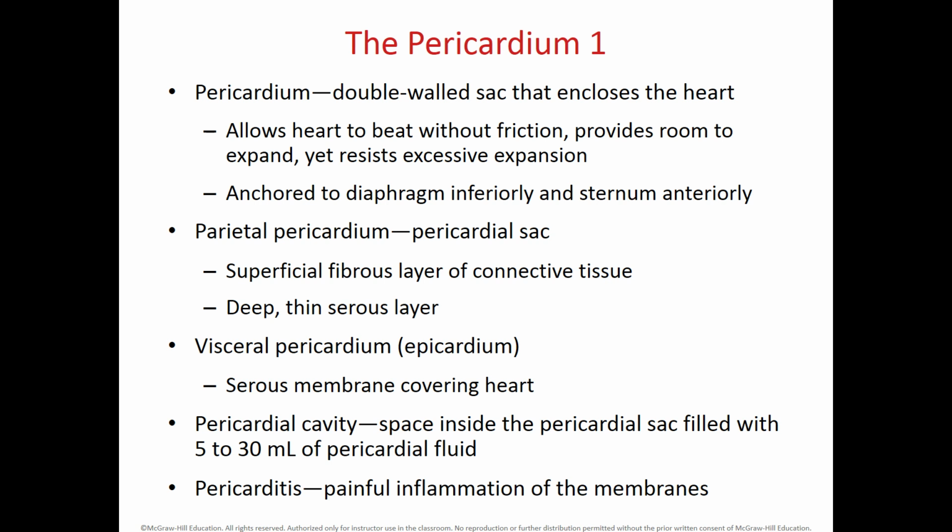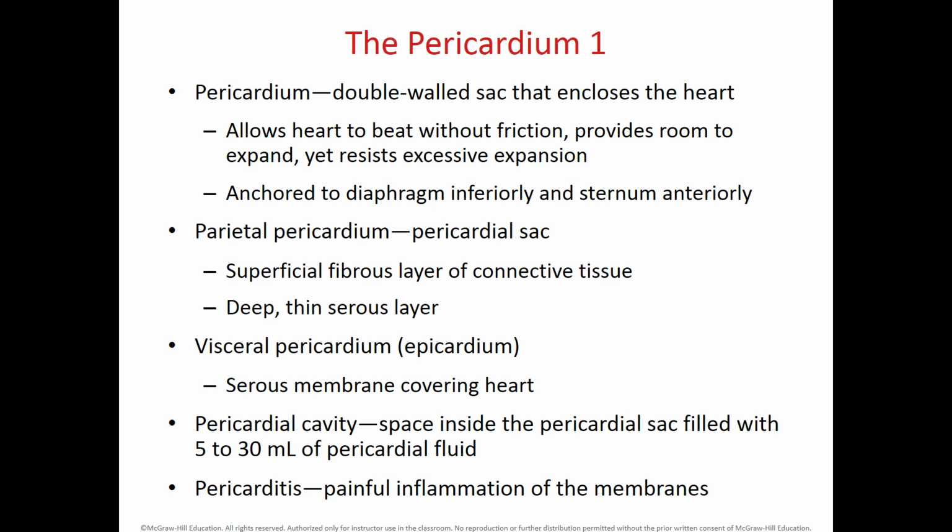It provides some cushioning, because every time the heart is beating, it is in constant contact with the internal wall of the thoracic cavity, and this can damage the heart. But thankfully, thanks to this pericardial fluid, we don't have such friction, and then we don't have damage to the heart.